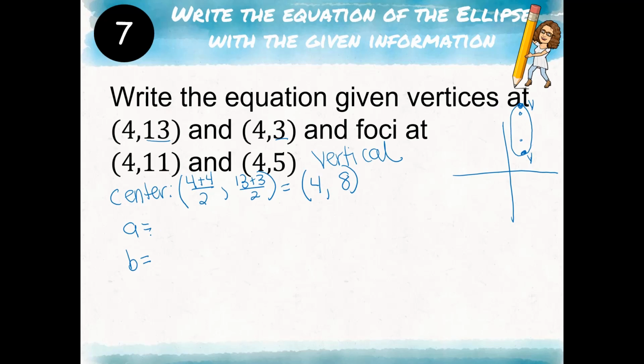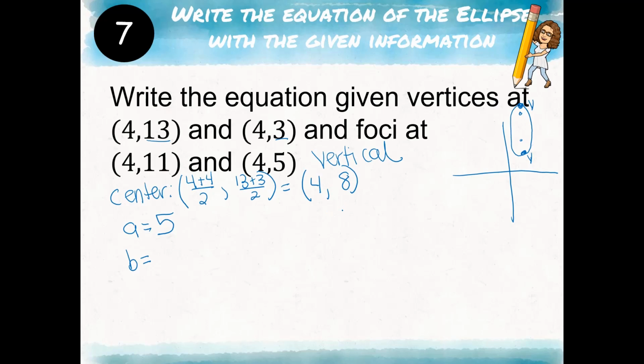Now, my a value is my vertices to the center. So 4, 8 to 4, 13, or 4, 8 to 4, 3. I'm going to do to 4, 3. Same value though. I get a distance of 5. So my a value is 5, because that is vertex to center. And my co-vertex to my center.